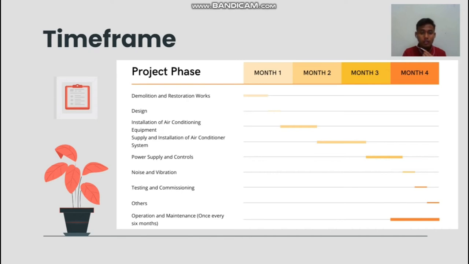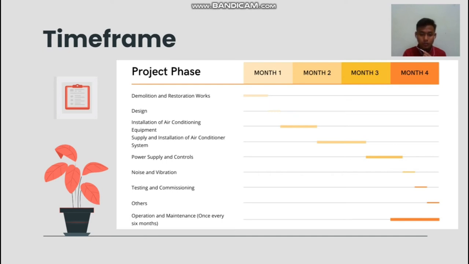After that, noise and vibration: we check, verify and replace the air handling unit and other equipment anti-vibration elements if necessary to meet the required noise level. And that is 1 week. After that, testing and commissioning, where we perform and test the function of the system.